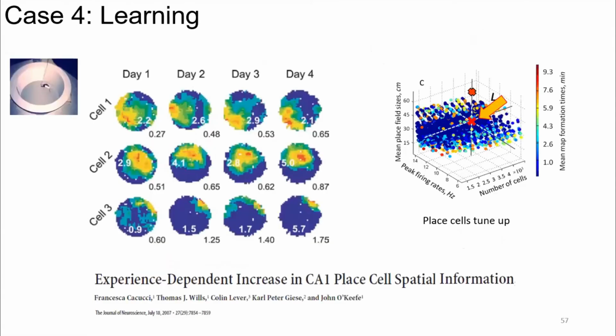Now, in learning, an opposite process is happening. Here, this is a circular environment, and this hotspot represents a place field. As time goes, place cell activity becomes more sharply tuned. Your place field becomes smaller and more concentrated in specific domains of space.